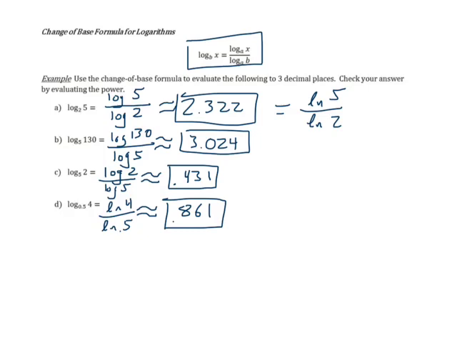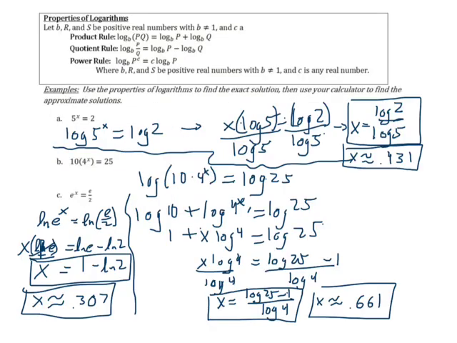So we now know how to change the base. We can deal with any logarithm. We can use these properties of logarithms, these rules here, so that if we have a product, we can write it as a sum of two logs, a quotient, we can write it as a difference, and a power within the log, we can write it as that power times a logarithm.